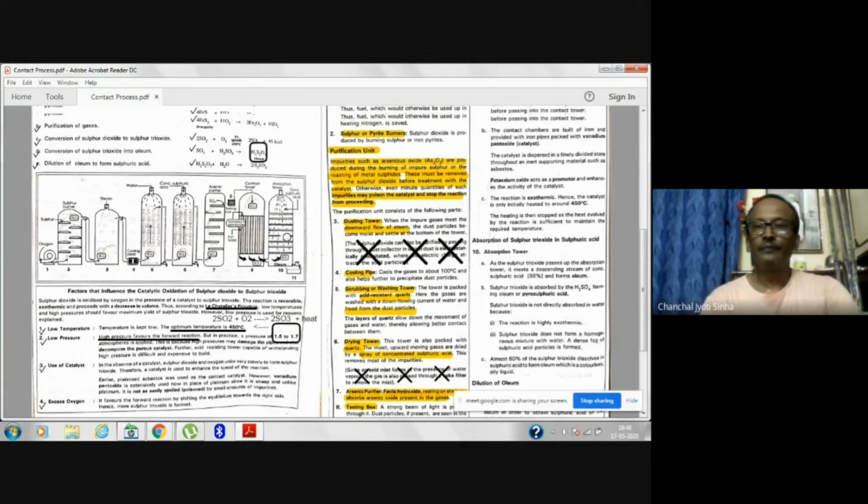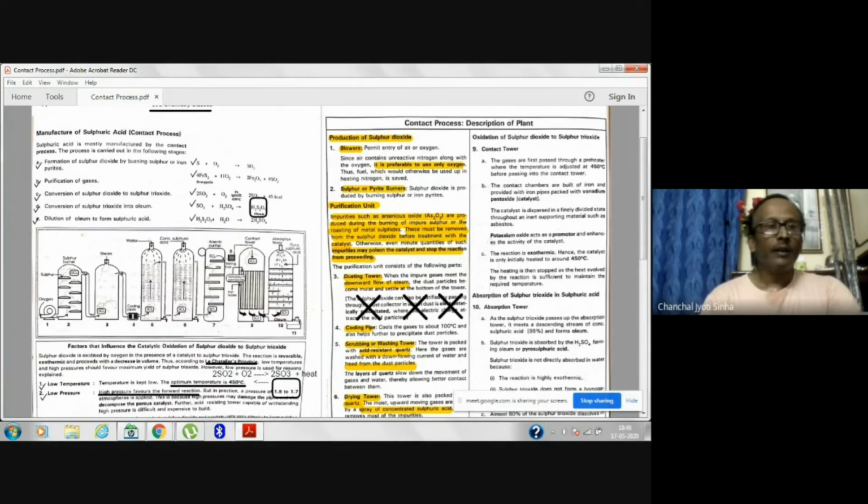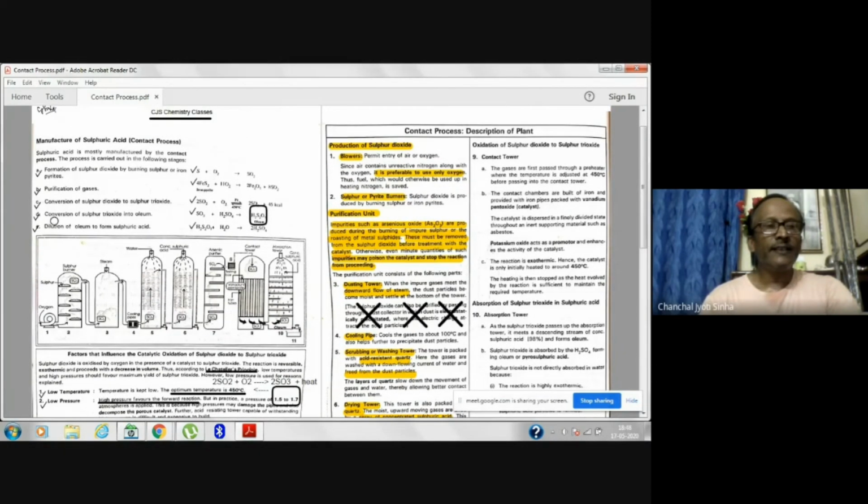Now, stage C, SO2 plus O2 gives SO3. This reaction takes place in the contact tower, marked as 9, chamber 9.